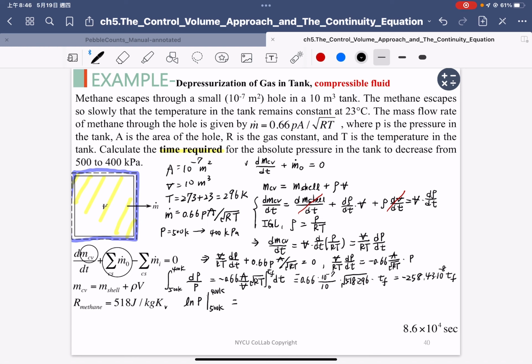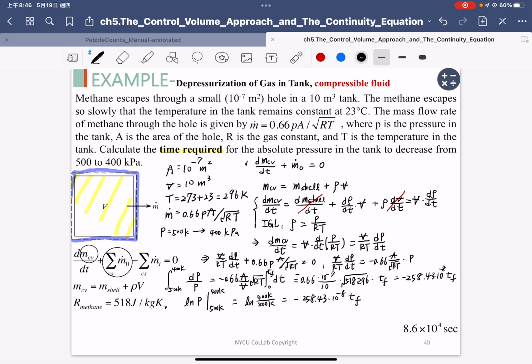Okay, so that will equal to the rho 400 kilopascal divided by 500 kilopascal, and will equal to the minus 258.43 10 minus 8 powers and TF.